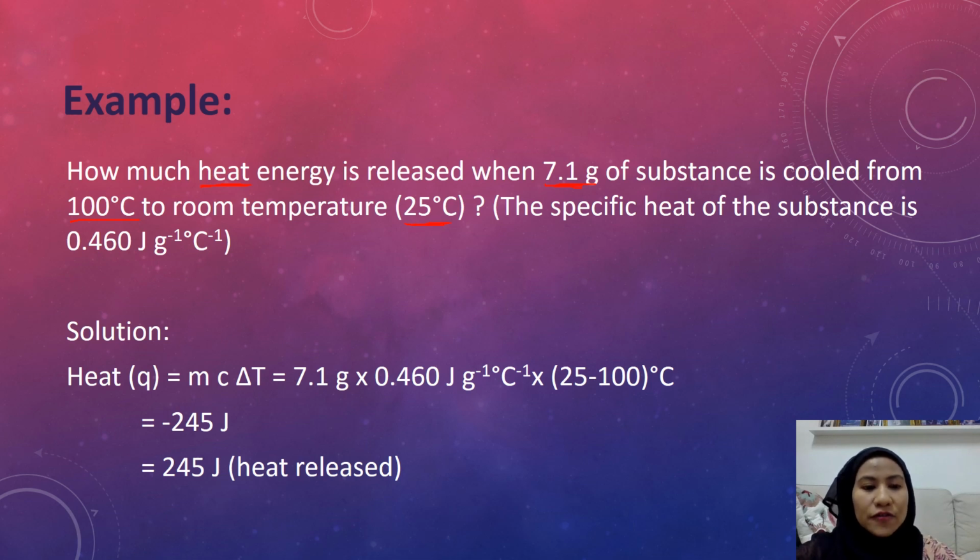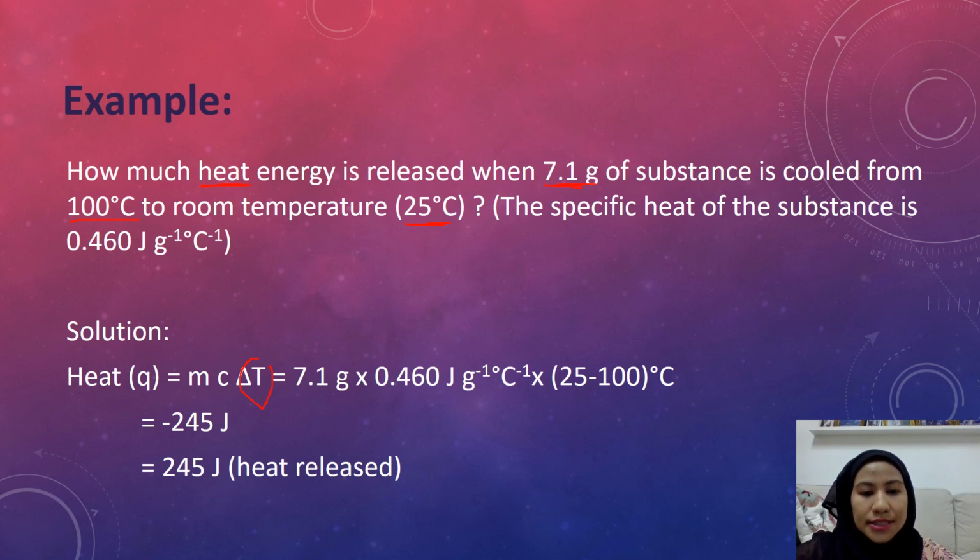So the formula for heat is Q equal to mC times delta T. We have the mass of substance in grams, we have the specific heat of the substance, and we can calculate delta T. Delta T is T final minus T initial.